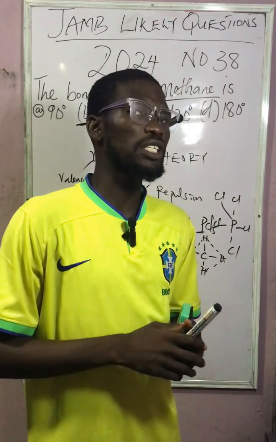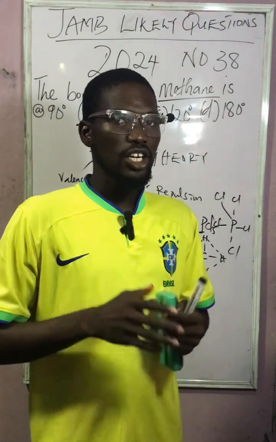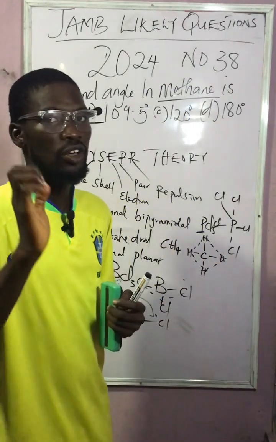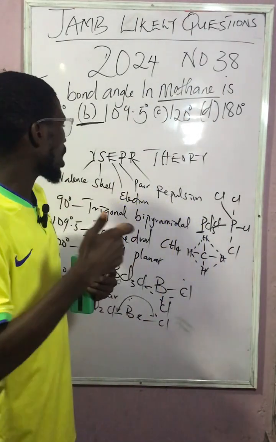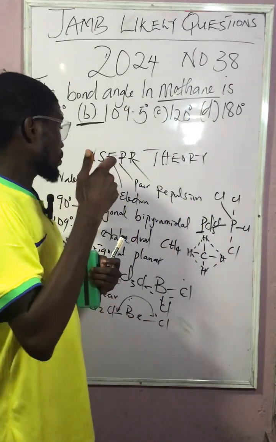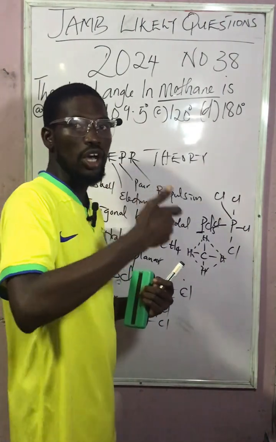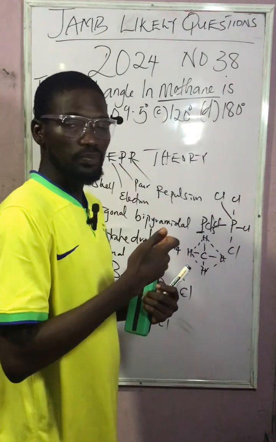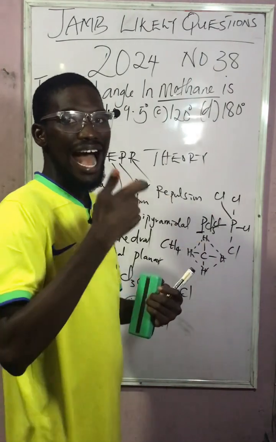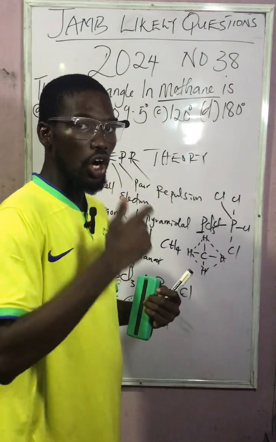Don't forget the shape of water is angular or V shape. And guys, don't forget the concept of valence shell electron pair repulsion theory, which shows us how to determine the shapes of molecules as well as polyatomic ions or molecules.